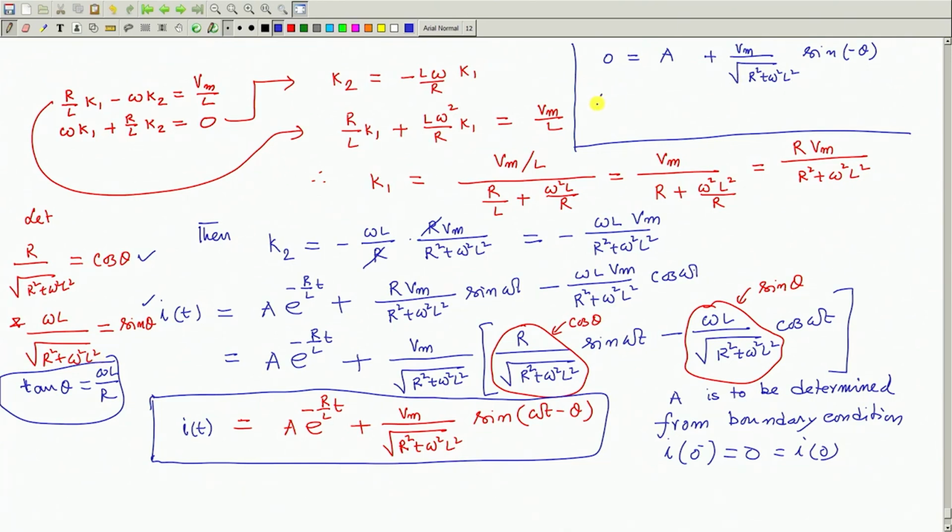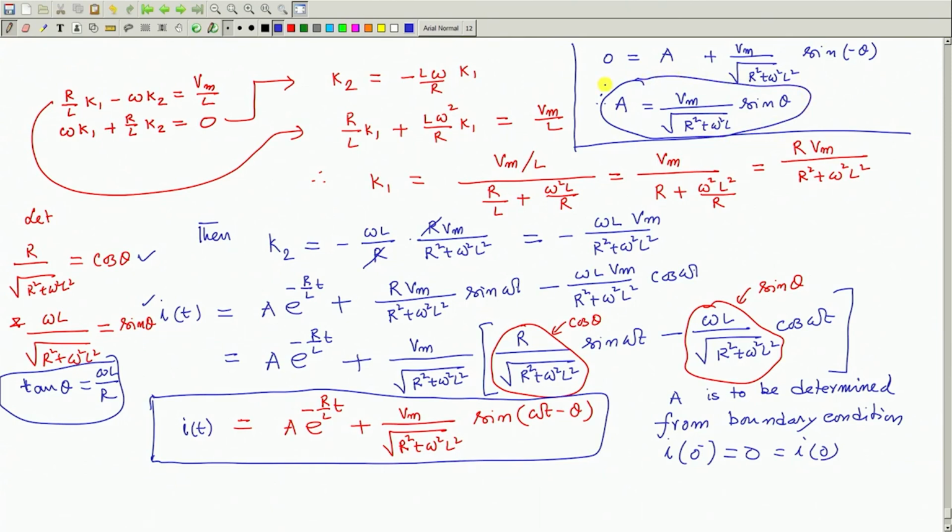Therefore, A will be equal to V m divided by root over R square plus omega square L square. Sin minus theta is minus sin theta. So, this becomes plus if you change side. Got the point? So, this is the value of A.